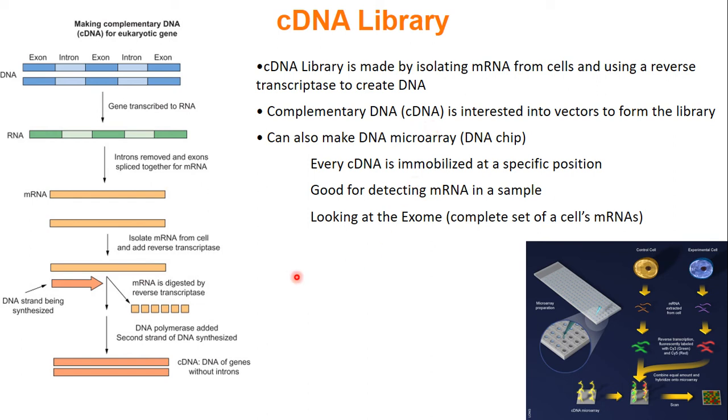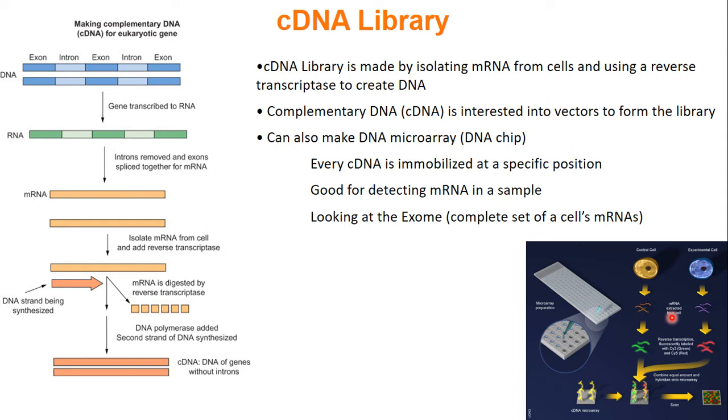With this technology, we can create what's called a microarray or DNA chip. The way a DNA chip works is that we take our cDNA and put every single copy of our cDNA on a well on this chip. The reason you do that is you want to check mRNA levels inside of a cell, for example.